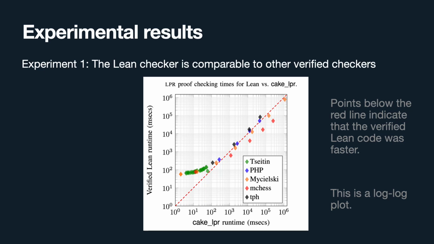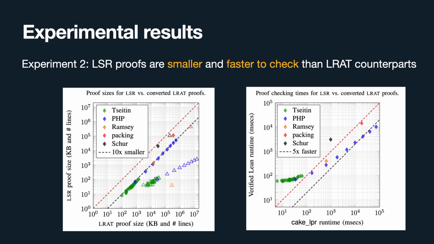And so for these proofs that take 0.1 seconds to run, it appears that CakeLPR is much faster than our Lean checker, but in reality, these proofs don't take too much to check. For those proofs that take longer than a second, the runtime is extremely comparable. So experiment 1 is a success. Our verified checker compares well against other verified checkers. Experiment 2: does using SR proofs at all improve your performance?